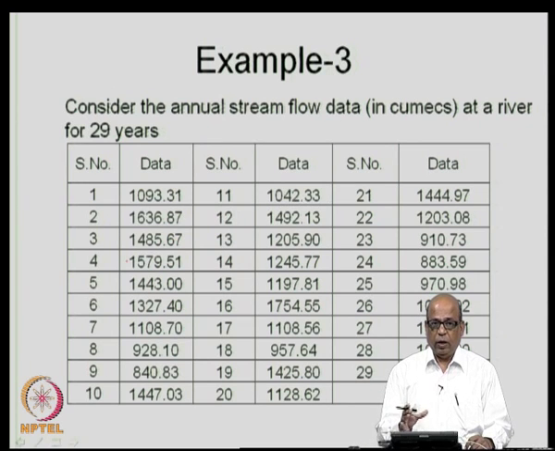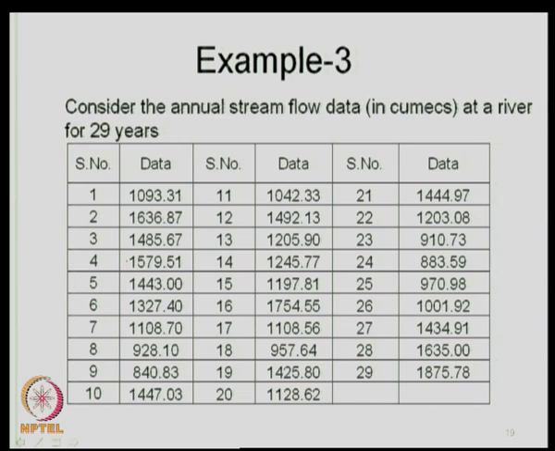So, we typically require large sequences of data, and the first method that we have introduced to generate large sequences of data when the data are serially correlated is the first order Markov process, and it is famously called in hydrologic literature the Thomas Fiering model, after the people who have proposed this model, Thomas and Fiering, famous hydrologists.